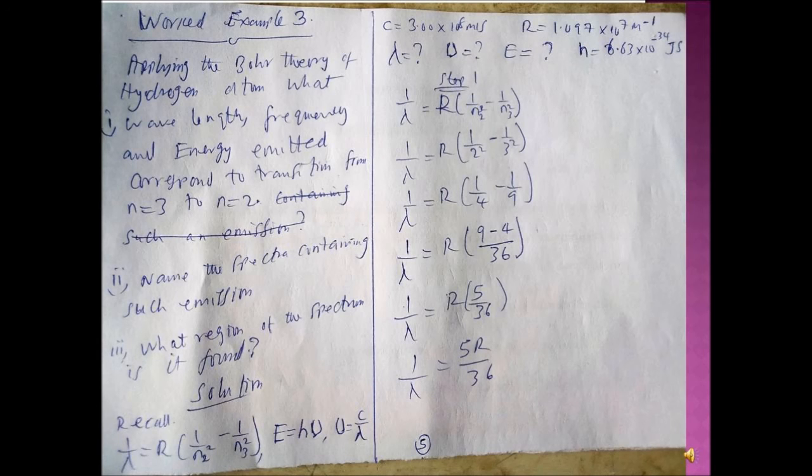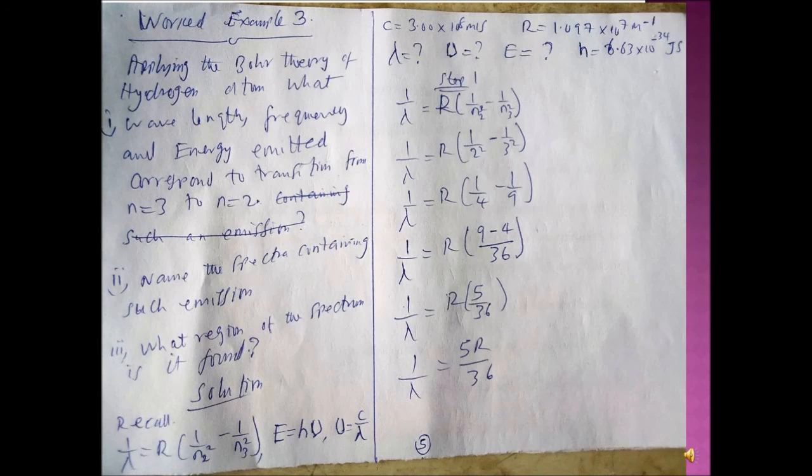Now there are 3 formulas that are involved here. We have the formula that has wavelength, our Rydberg constant, and the levels of transition. Then we have a formula that connects energy and frequency, with the Planck constant. Then we have another formula, which is frequency equals speed or velocity divided by wavelength.